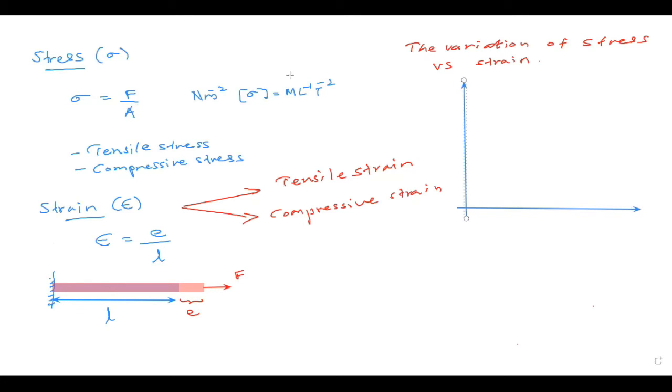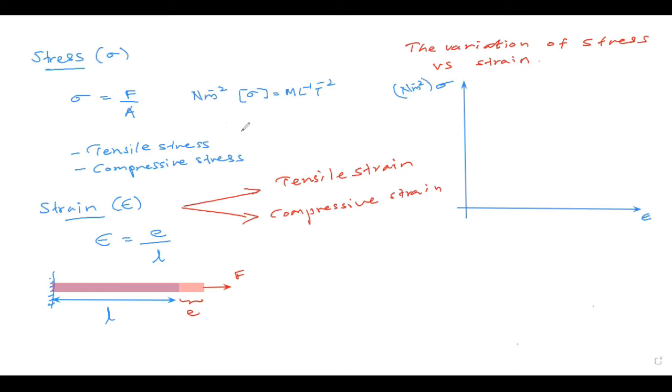Let us take the x-axis as the strain, denoted by epsilon, and this axis is stress. The graph has no units on the strain axis, but stress has the dimension of pressure, or the unit Newton per meter squared.